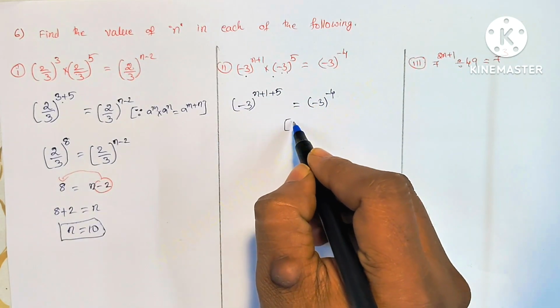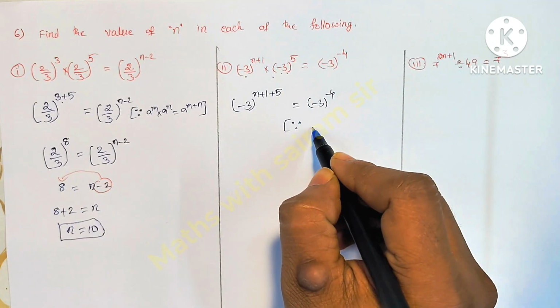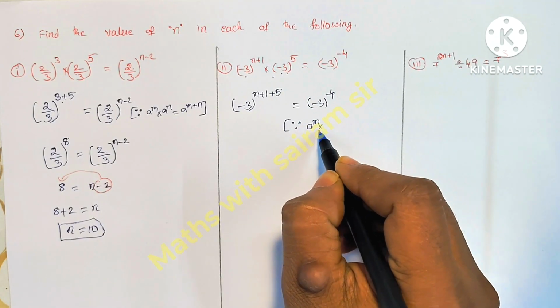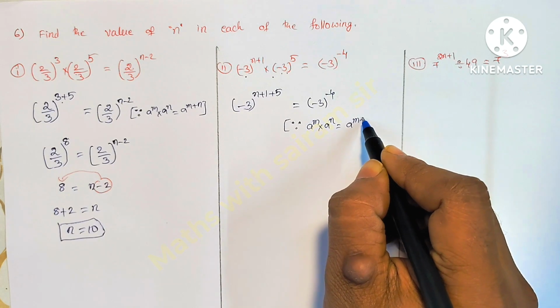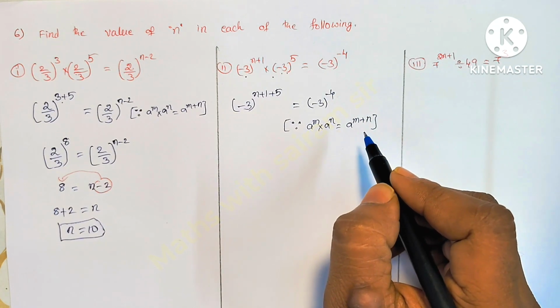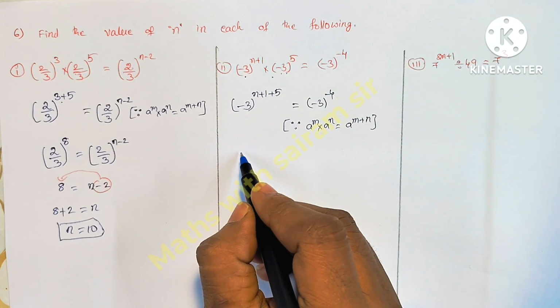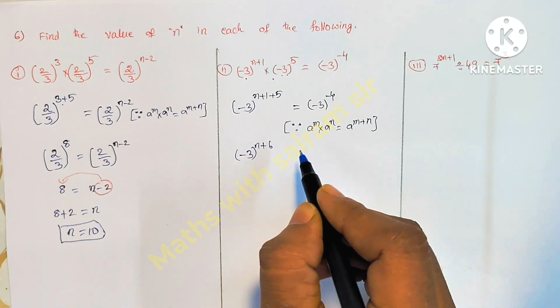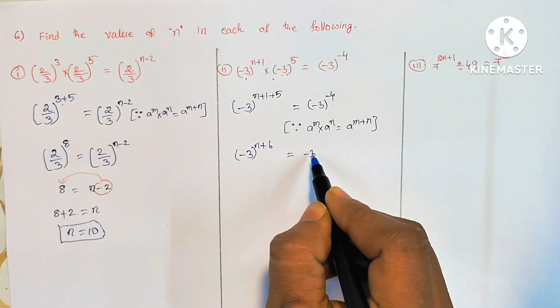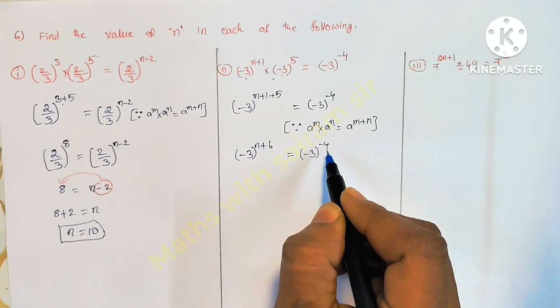Here we have to write a reason, that is a formula: a^m × a^n can be written as a^(m+n). By using this formula we can write (-3)^(n+6) = (-3)^(-4).